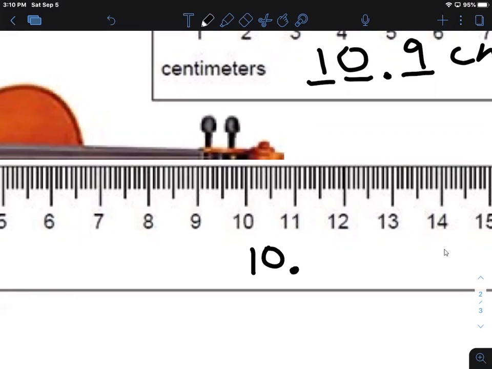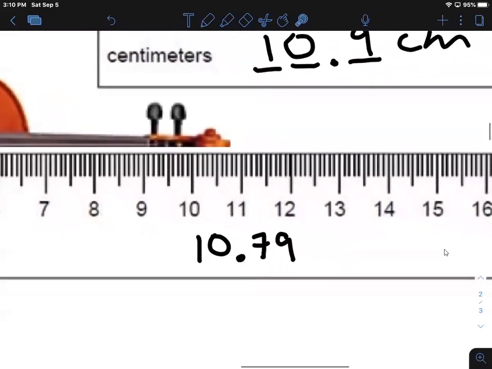I can see that it's 7 something. And I'm going to say 0.79. This 9 is my guess because I see it's very, very close to the mark for 10.8. And again, these are the digits I know, and this 9 here is my guess.